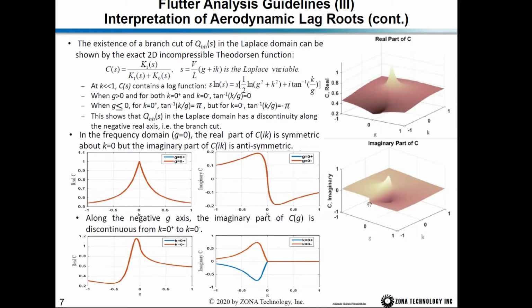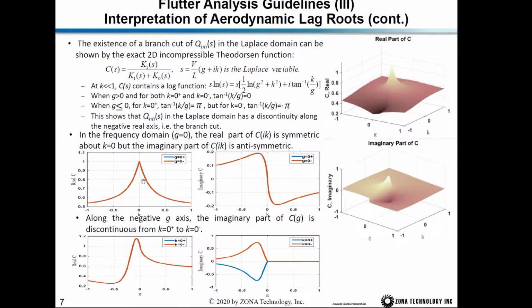So you have a discontinuity here, if you approach from the positive k and approach from the negative k, and when they meet here, they have a discontinuity. So this shows that the Q_hh in the Laplace domain has a discontinuity along the negative real axis, the branch curve. We call it this branch curve.